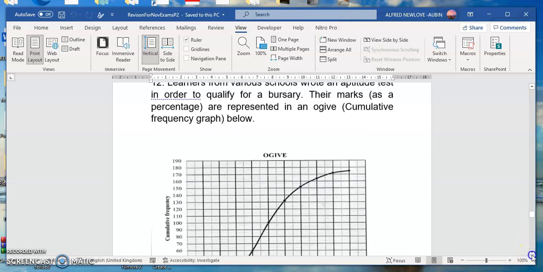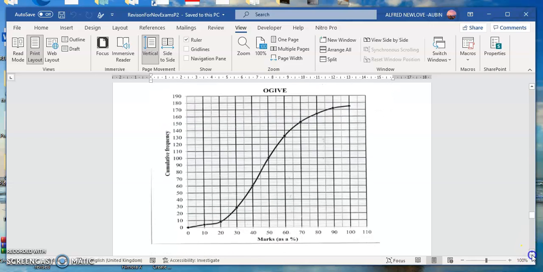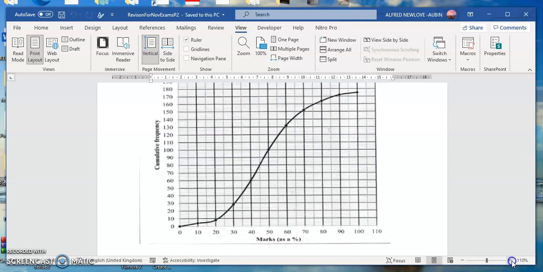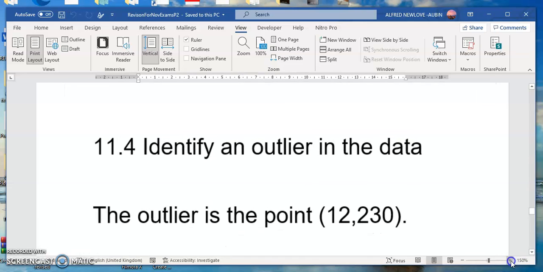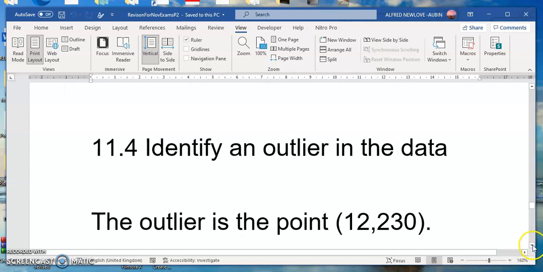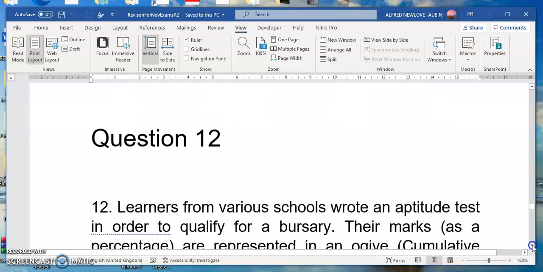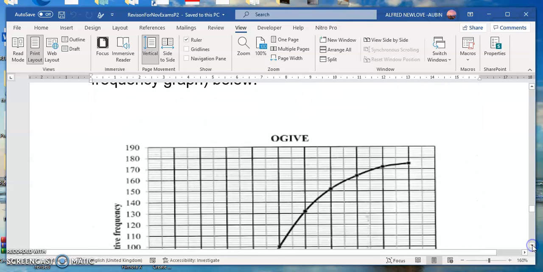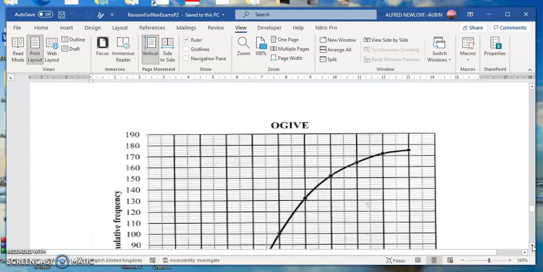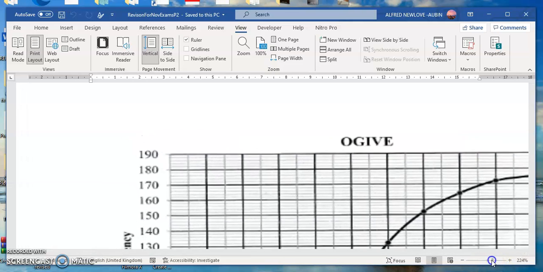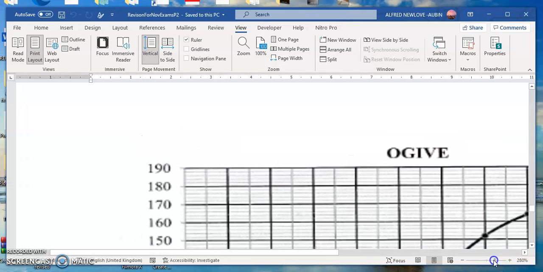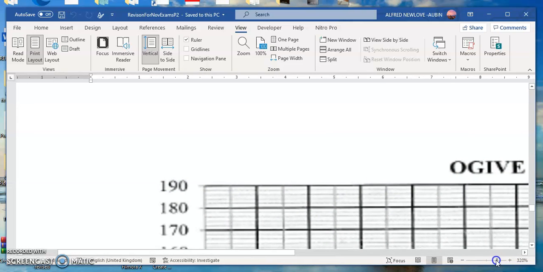Yeah, this is our Ogive. Now, if you check this, I can still make it bigger for you to see it well.